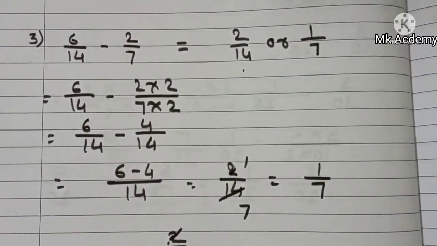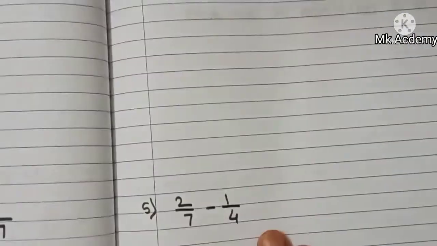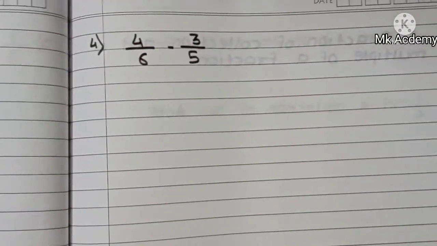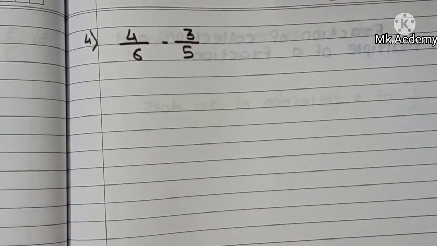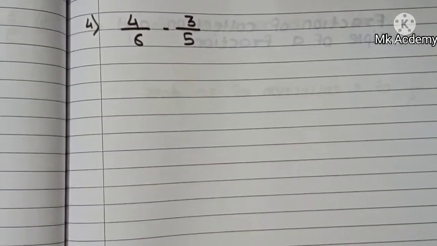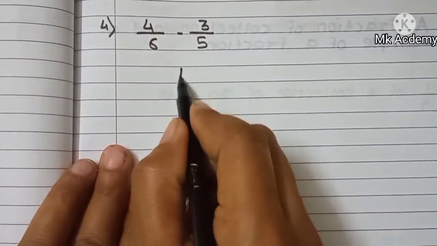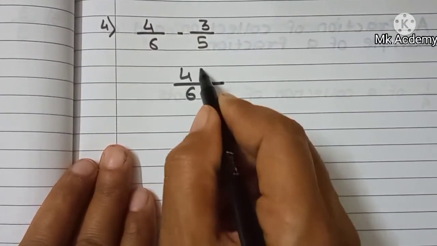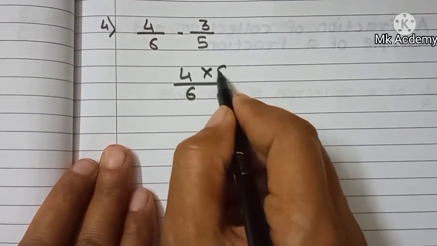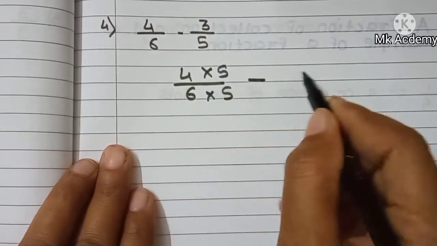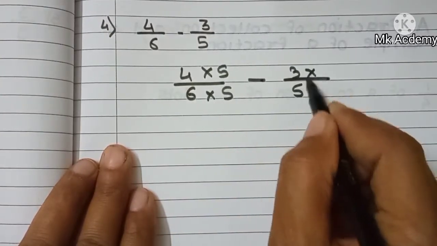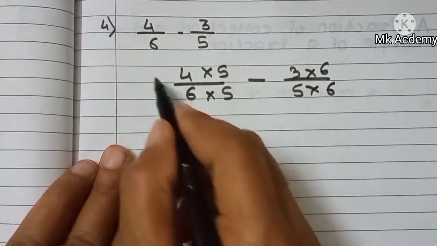Okay, now example number 4. 4 upon 6 minus 3 upon 5. Now 4 upon 6 we multiply by 5 on both numerator and denominator, minus 3 upon 5 multiplied by 6 on numerator and denominator.